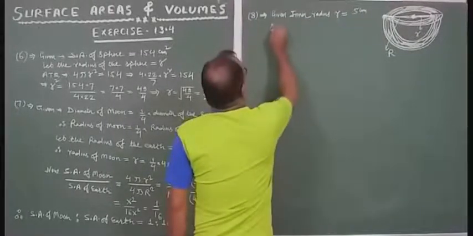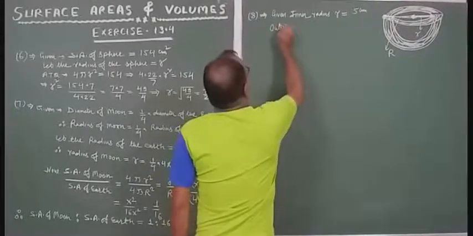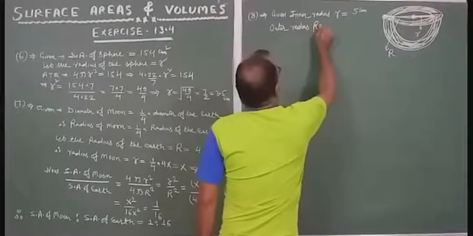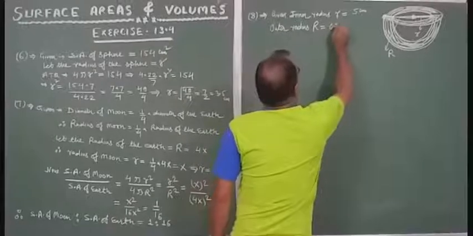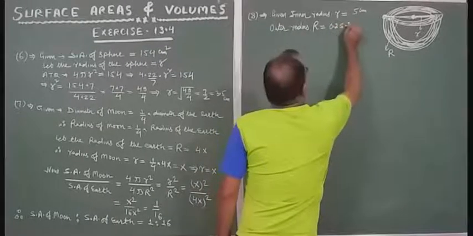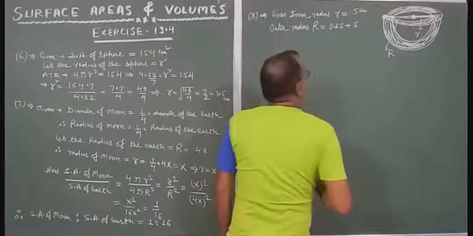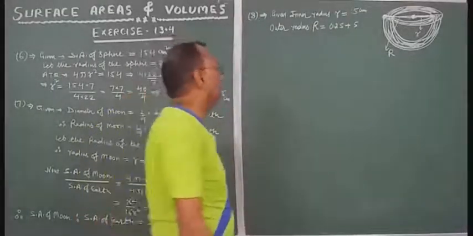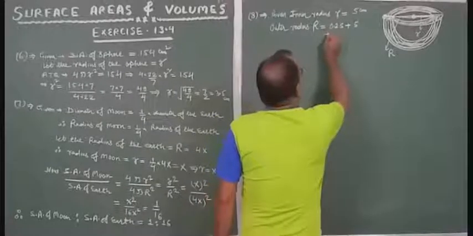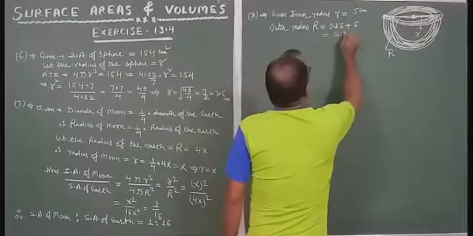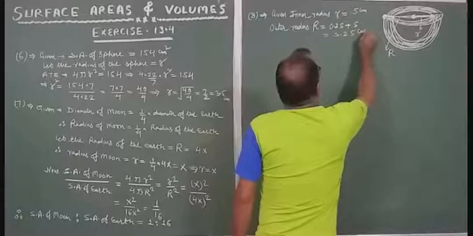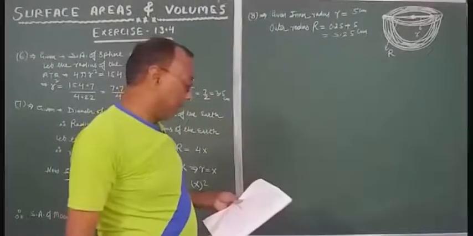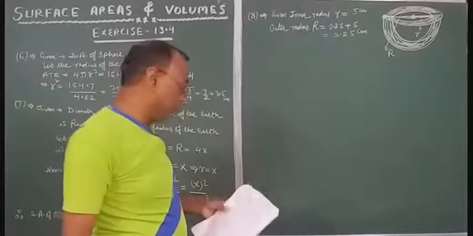Therefore, the outer radius capital R will be thickness plus 5. The thickness is given as 0.25 centimeter. So when you add them, you will get 5.25 centimeter. The question is: find the outer CSA of the bowl.